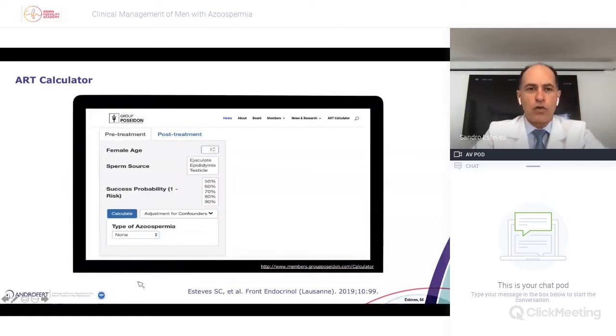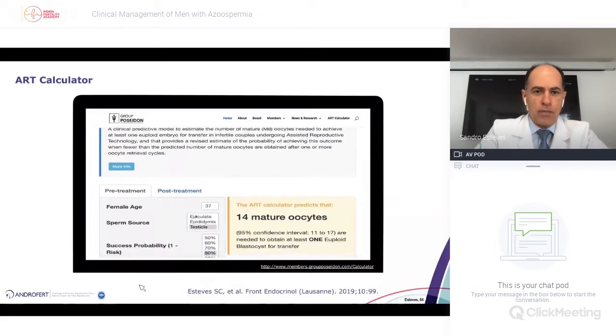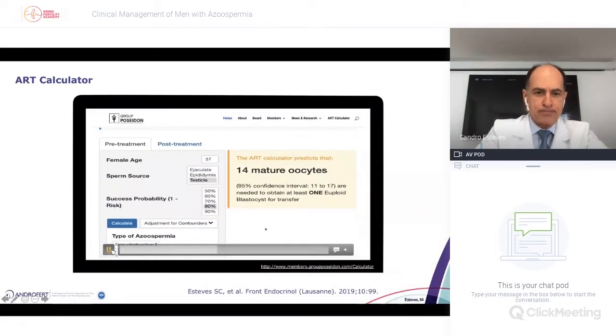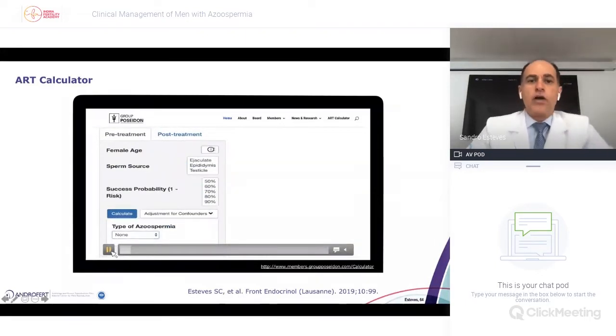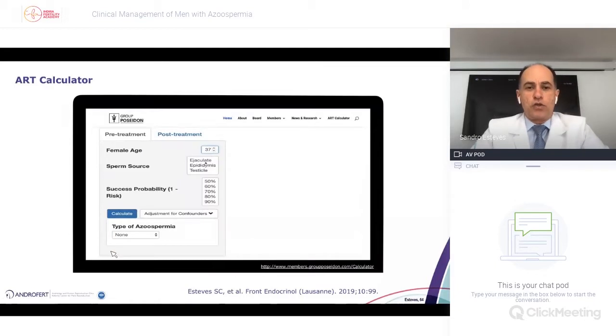Here you can see how the calculator works. This is an online calculator that is on the Group Poseidon website, www.groupposeidon.com.br. I will go back just for a second for you to appreciate again. The only thing we need to do is input the female age and the sperm source.